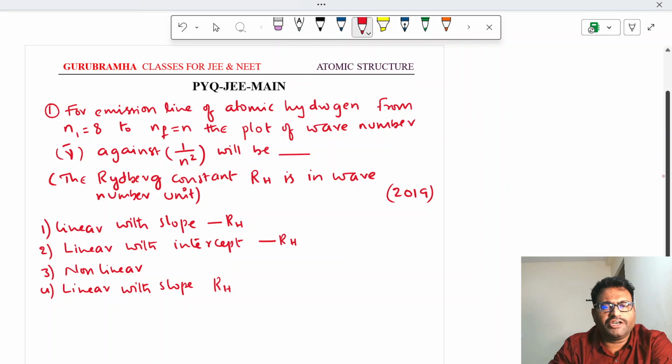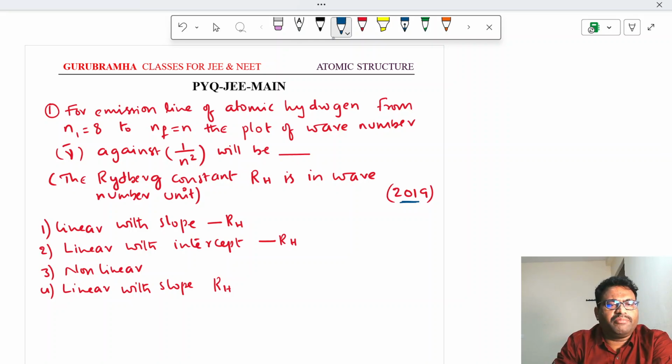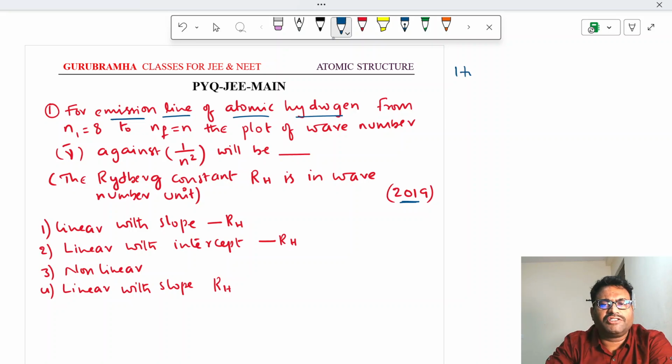So in 2019, what is the question given? For the emission line of atomic hydrogen. Hydrogen is given, whose atomic number is equal to 1, and it is an emission line.